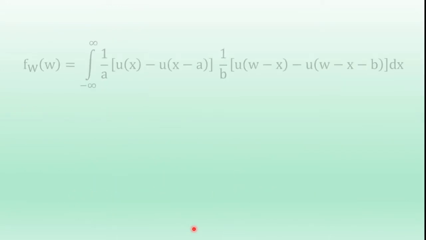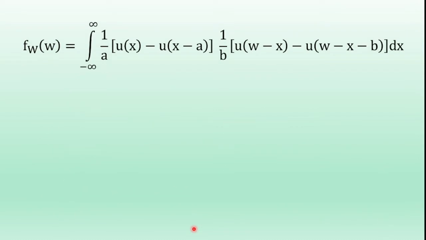Therefore, the density function of the sum of two random variables, fw of w, is equal to the integral from minus infinity to infinity of fx of x, which is this term, and fy of w minus x, which is this term. So 1 by a into 1 by b gives 1 by ab. Multiplying these two terms, we get four terms.